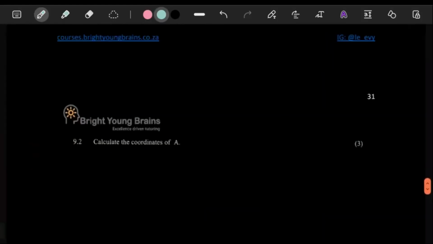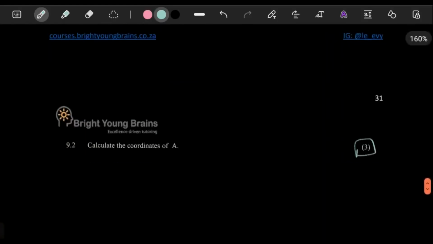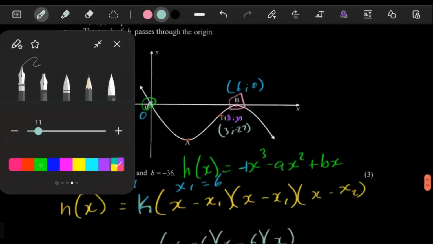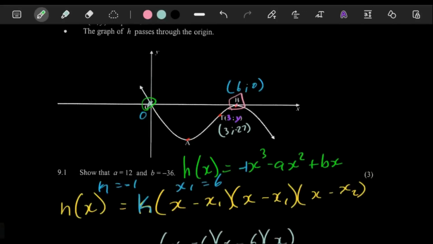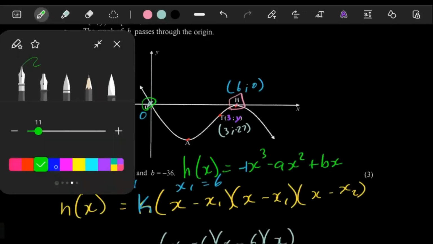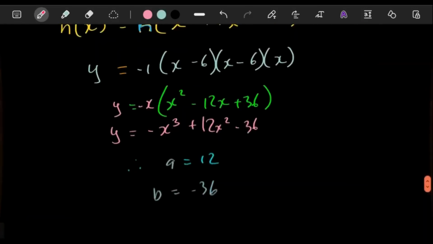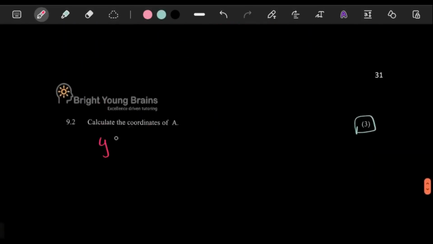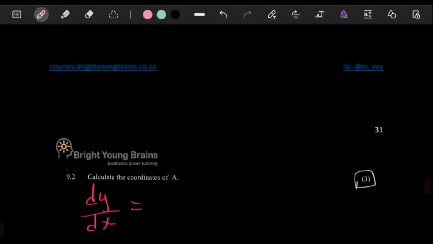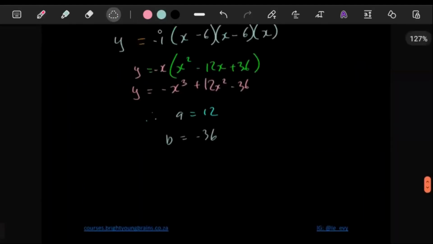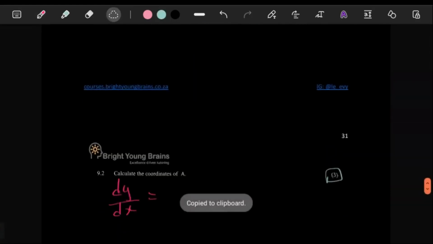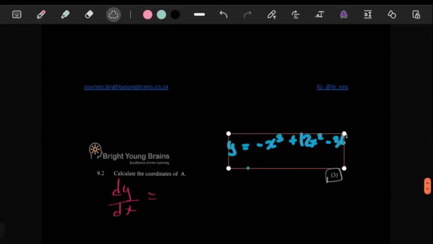9.2 says we should get a coordinate of a for 3 marks. A is one of the turning points, right? And your basic knowledge will tell you that to get a turning point, you need to make the first derivative equal to 0. So let's see, y here, the first derivative is dy over dx. So differentiating this equation, let's copy and then paste.